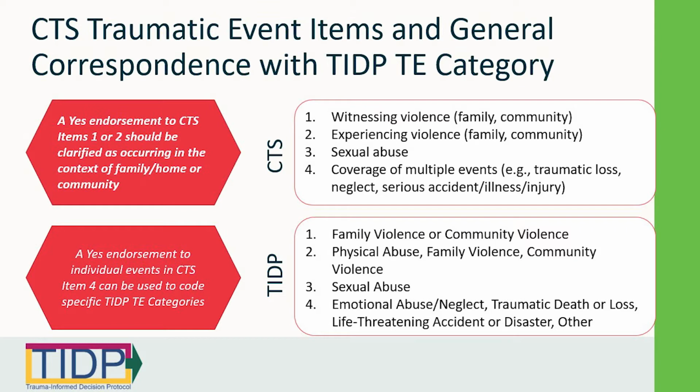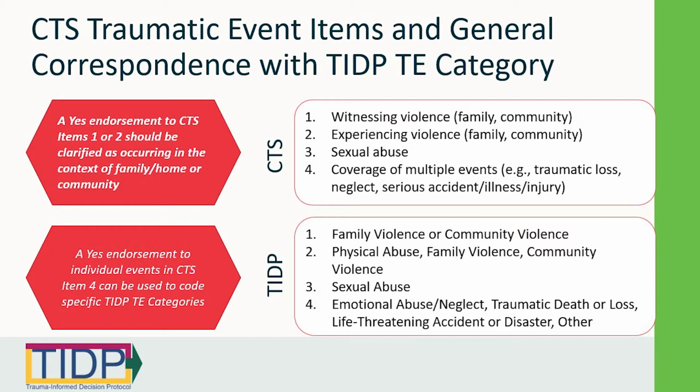And down in the bottom right-hand corner of this slide, you can see the direct correspondence to the TIDP traumatic event category that would correspond to the CTS item. For example, AJ endorsed item 1, item 2, and item 4.